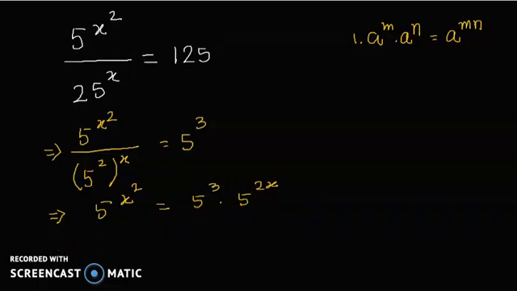Now this can be further written as 5 raised to power x square, and as the bases are same, 5 raised to power 3 plus 2x.